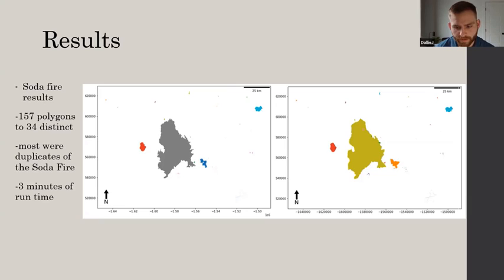In total, this area took about 3 minutes to run through the decision tree. The map shows, on the left, the merged layer from the USGS's script, and on the right, the result after running through the decision tree script.